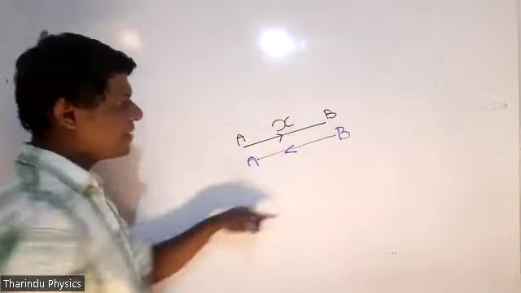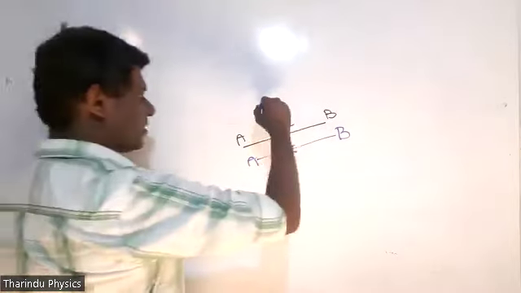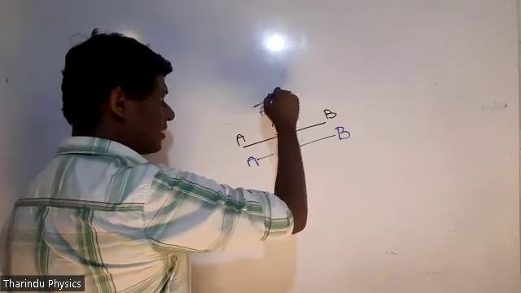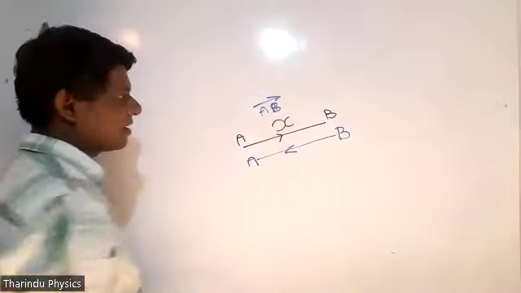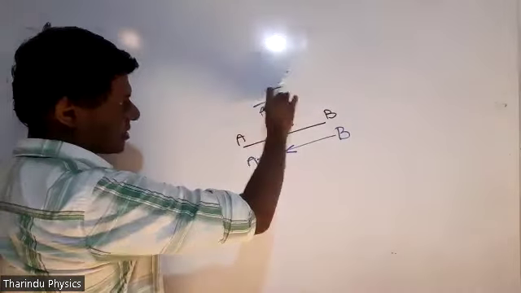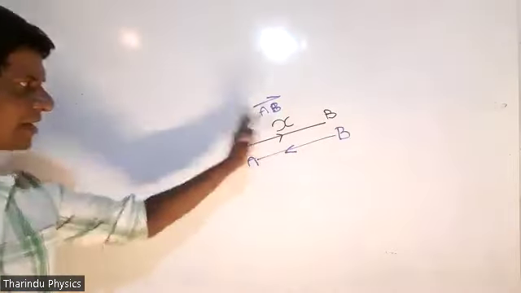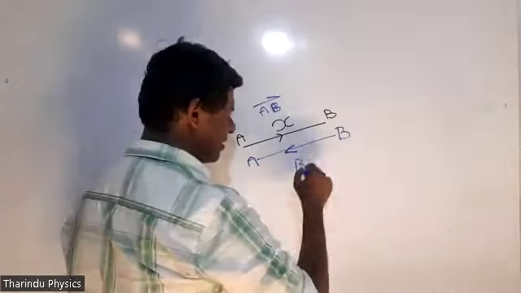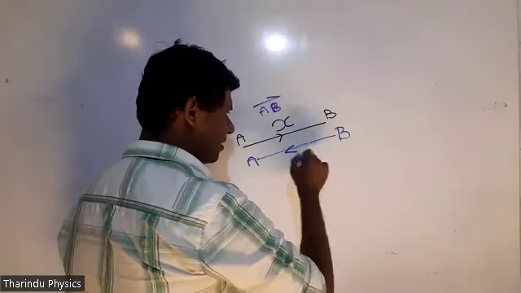Now the vector is BA. The previous one was the AB vector. You can also represent it with half-arrows: AB vector, X. Now this vector is the BA vector, down.